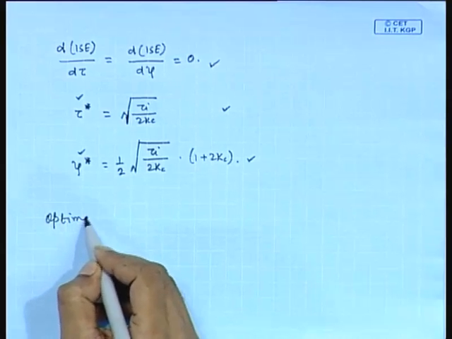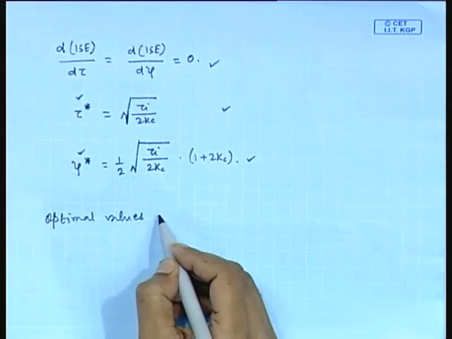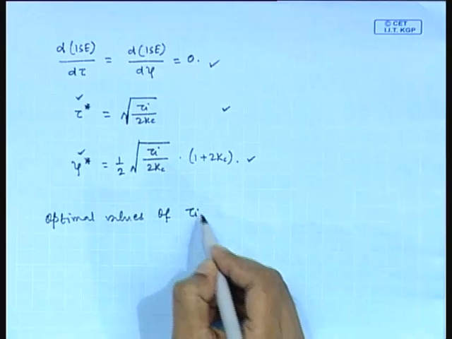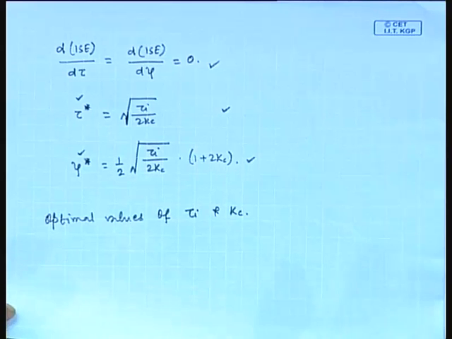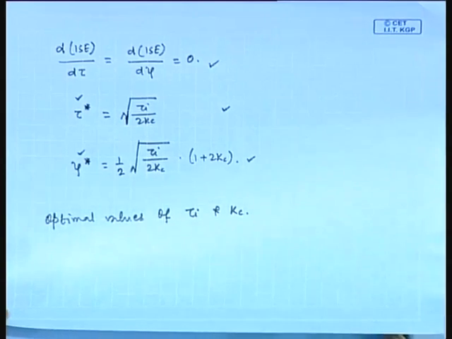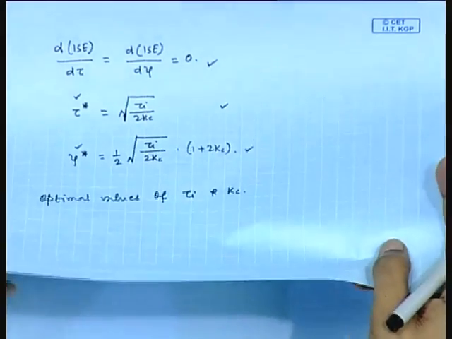So, in this way, by using the time integral performance criteria, we can obtain the optimal values of tuning parameters. Fine. Similarly, we can consider a PID controller, and we can consider other time integral performance criteria, but the approach is like this.